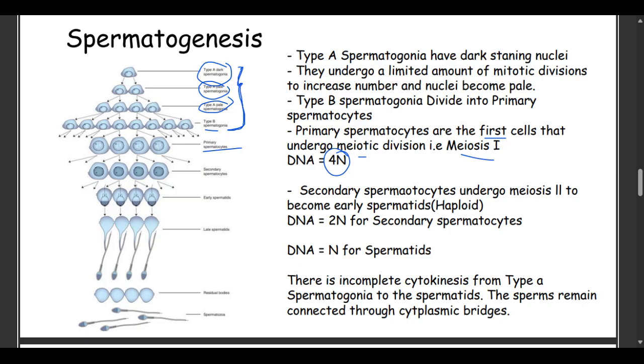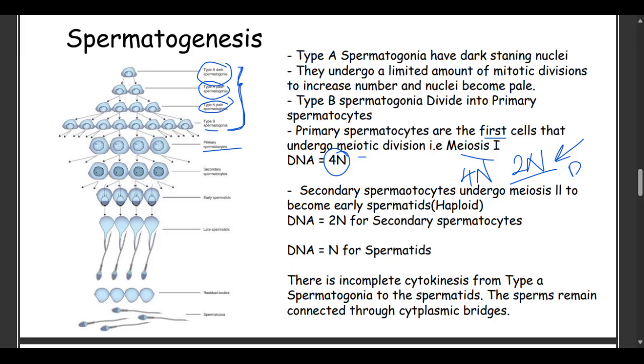But here we have 4n. What does 4n mean? 4n simply means we have duplicated the amount of DNA, because diploid simply means it's 2n. If we duplicate this DNA, the amount changes to 4n. That's the amount of DNA. It still remains diploid, but the amount has duplicated.